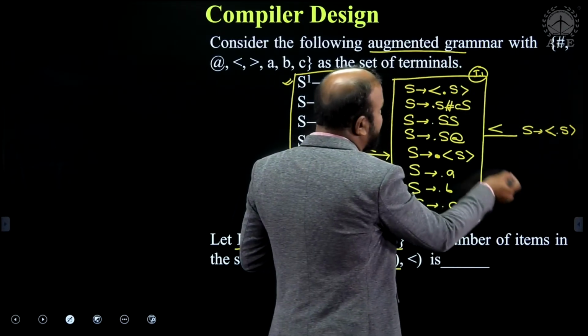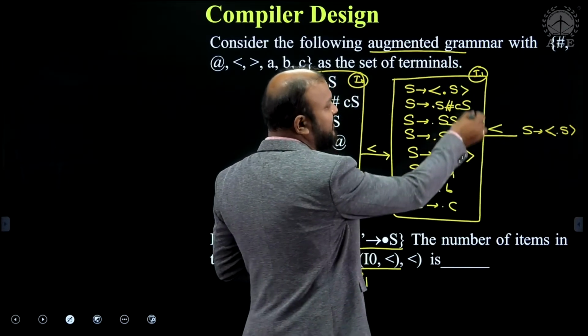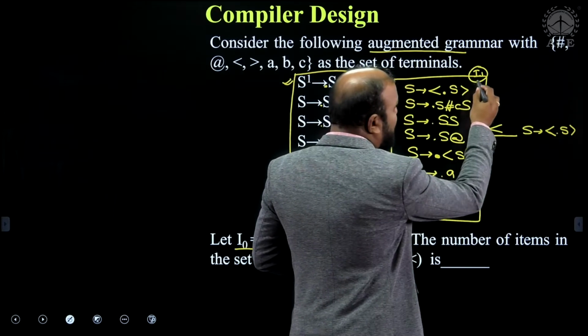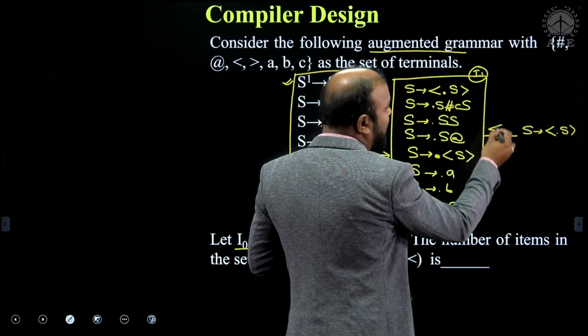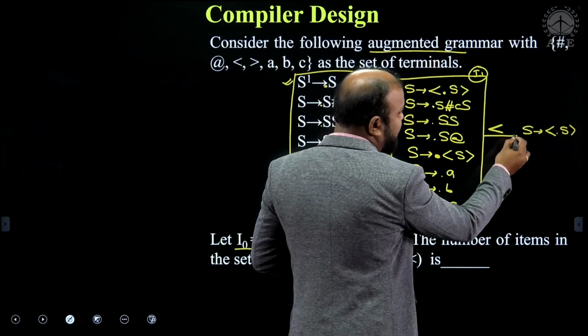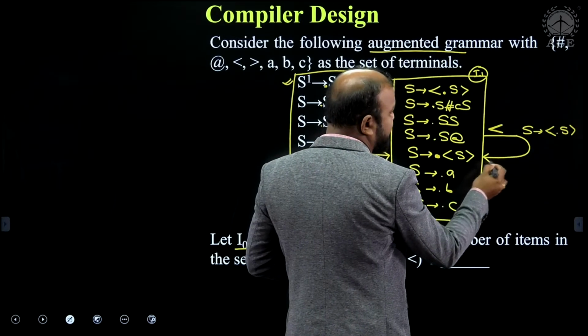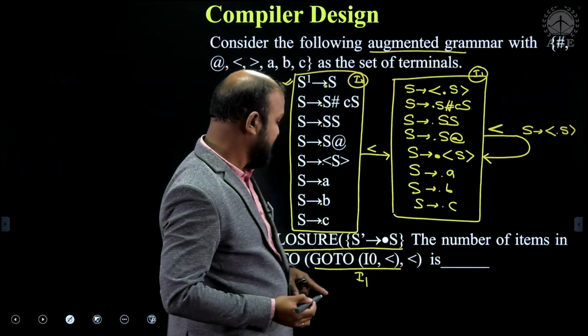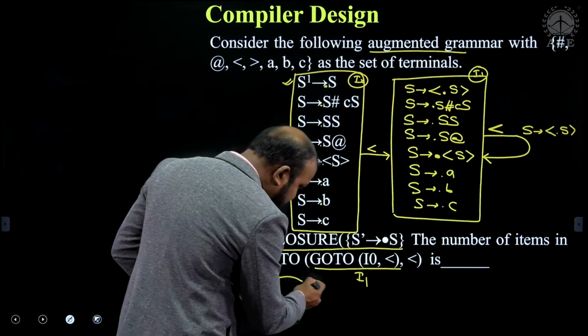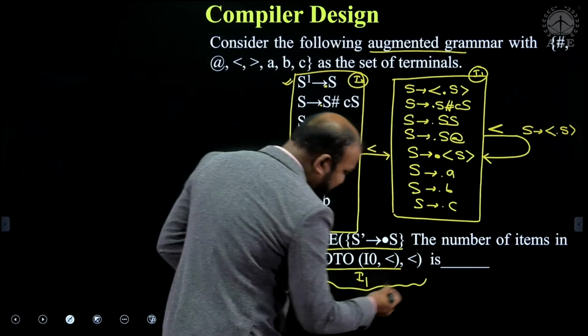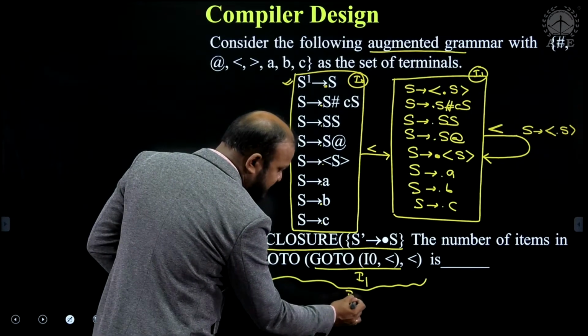If you write all S productions, you are going to get the same item 1. It means goto of item 1 on input lesser is leading to the same I1. So what is goto of I0 comma lesser is I1 itself.